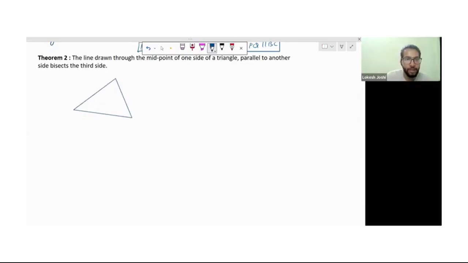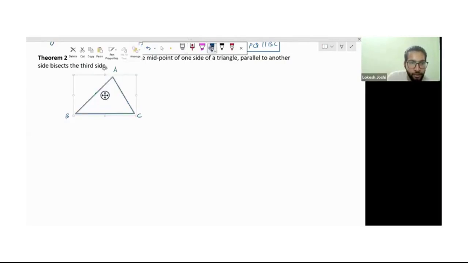Now in this triangle, suppose this triangle is A, B and C. So in a triangle ABC, suppose the midpoint of AB is P. Parallel to another side, which means it's given to us that this line is parallel to BC.